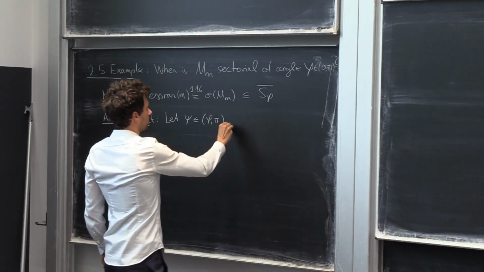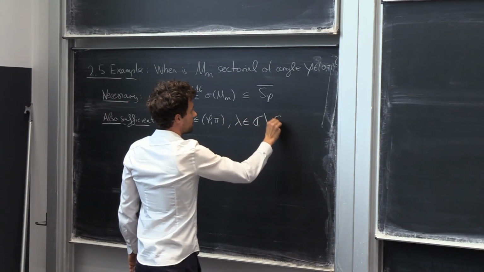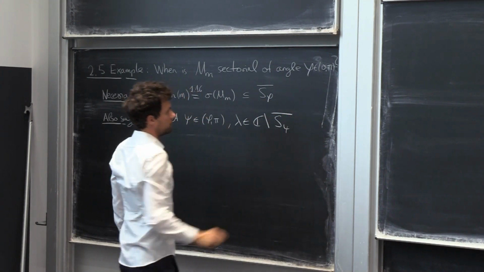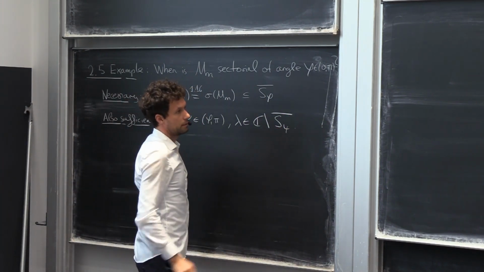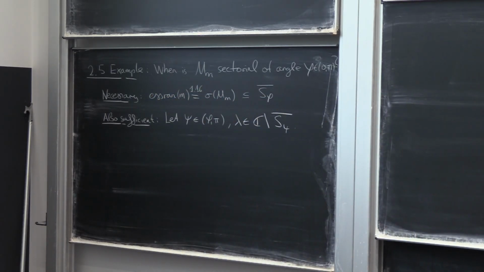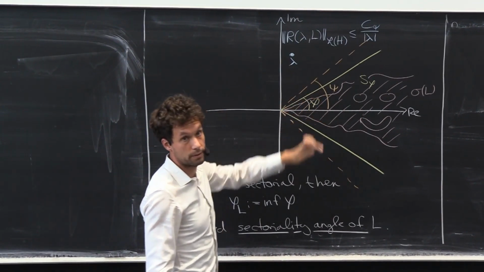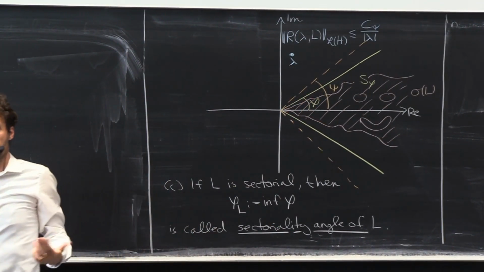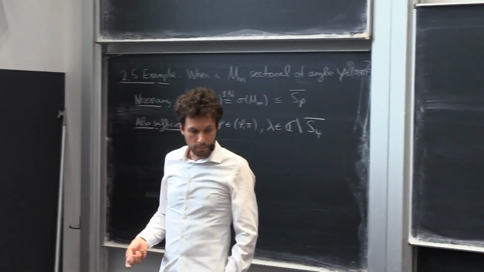And then I'm taking lambda outside of the closure of the larger sector. Now, think of the picture exactly as it is here. So lambda is here. I'm outside of the orange sector and the essential range is in the yellow sector. So I need the resolvent bound.